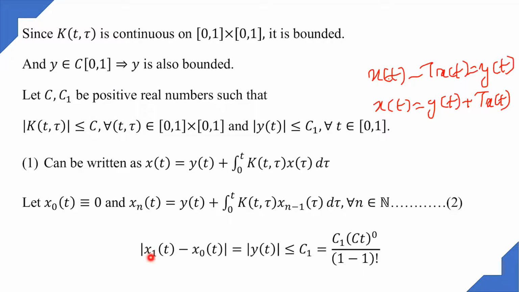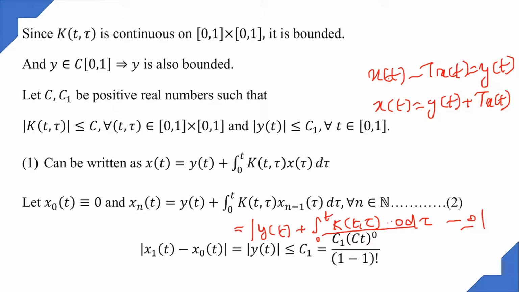Now the absolute value of x1(t) minus x0(t) will be the same as the absolute value of x1(t), which can be written as y(t) plus the integral from 0 to t of k(t, τ) x0(τ) dτ, minus x0(t). Since x0 means 0, this term will be 0.